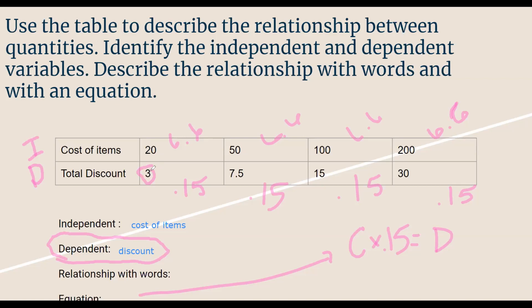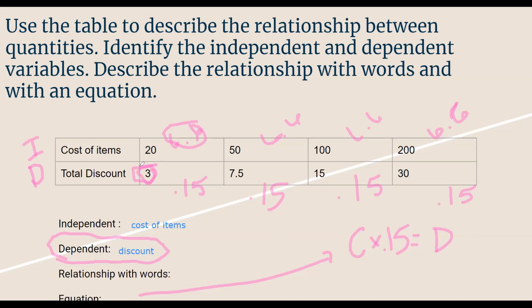If I were to have picked this number right here, and multiply 20 times 6.6, and it was really like 0.66666, it gives me 133, which is not equal to 3. So you can kind of check yourself in some of these examples.